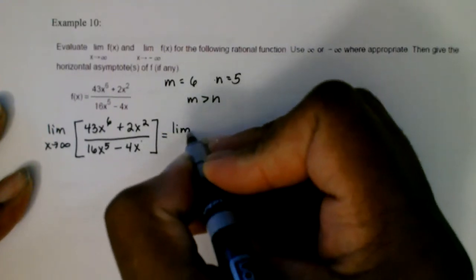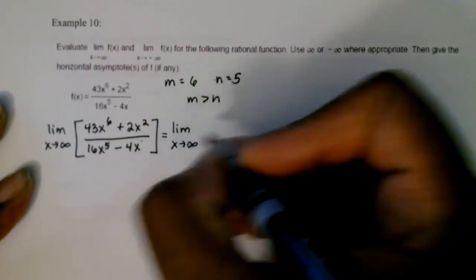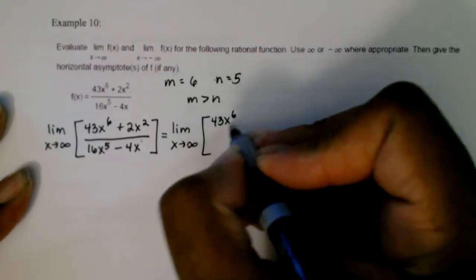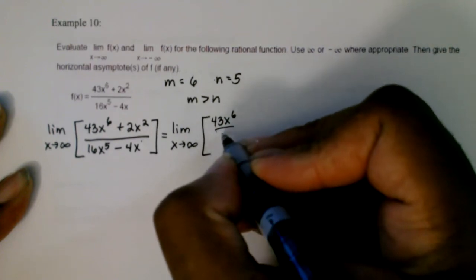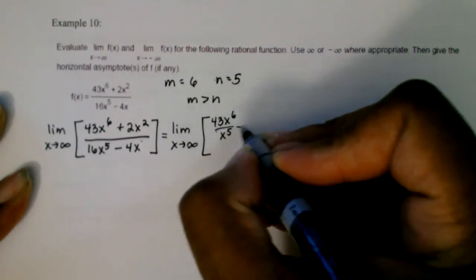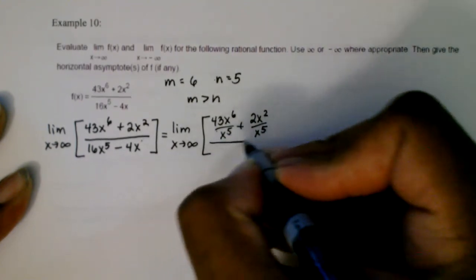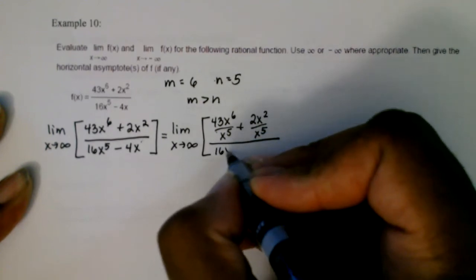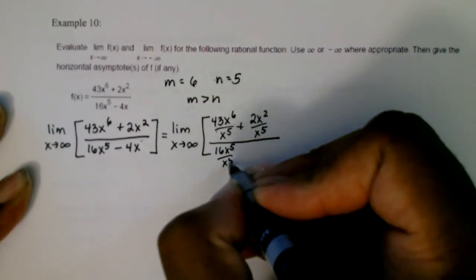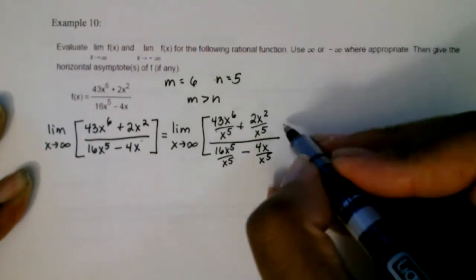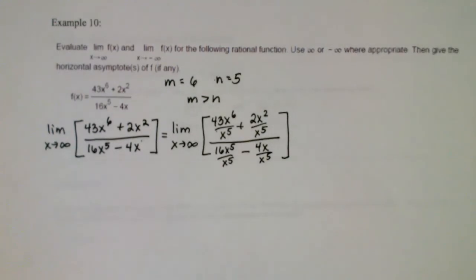So here the limit as x approaches infinity of 43x to the 6 divided by x to the 5th, plus 2x squared divided by x to the 5th, over 16x to the 5th divided by x to the 5th, minus 4x divided by x to the 5th. So here I'm dividing each and every term by x to the 5th, which is the highest exponent in the denominator.